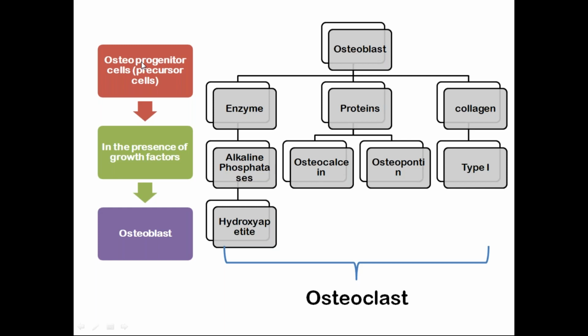So these osteoprogenitors are the precursor cells. Precursor means the cells that come first. Pre means first. So these are the first cells, and they will be converted in the presence of some growth factors.